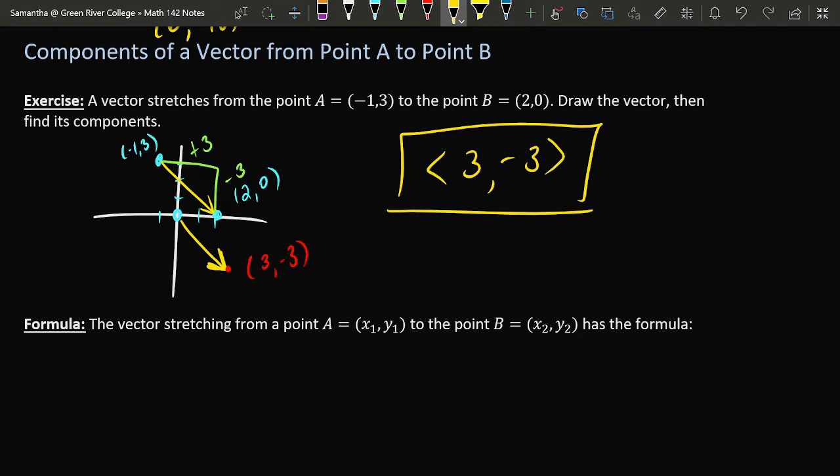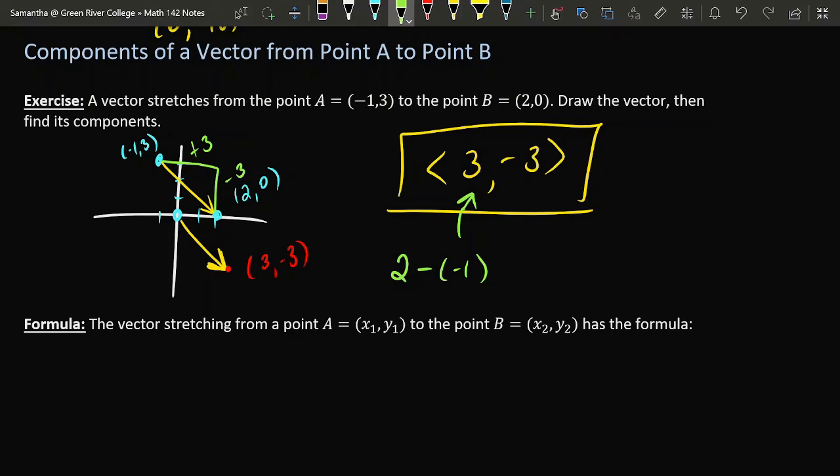Now notice something interesting about our results here. To find the x component of this vector, what you can do is take the x component of your final position and figure out the difference between the x of the final position and the x of the initial position.